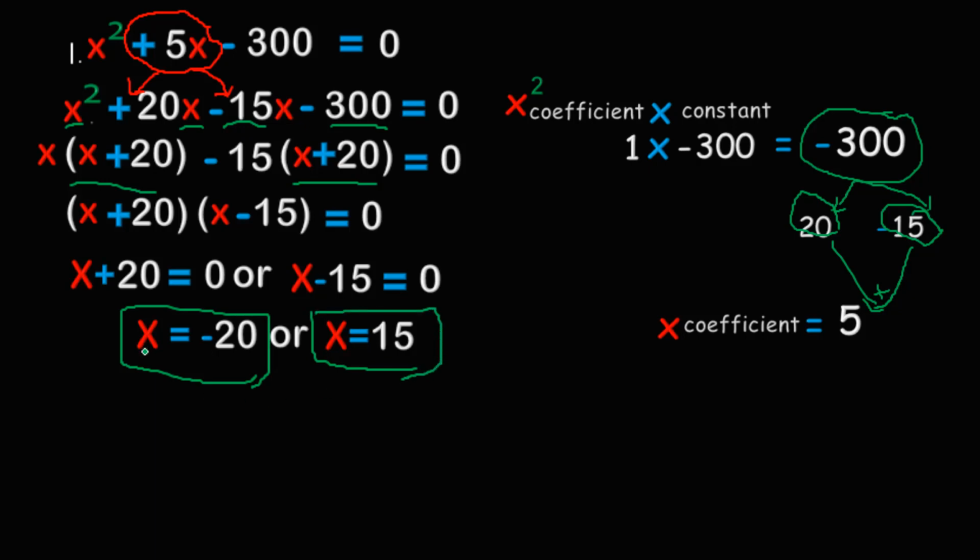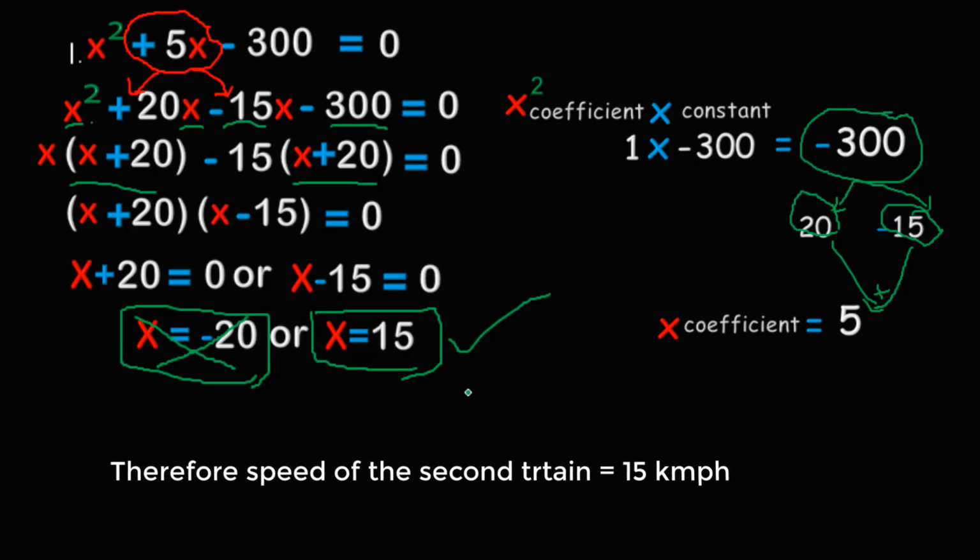But here, what is x? We assumed it as the speed of the train, and we know that the speed of any object cannot be a negative value. So here we cannot consider the x value as -20. We can take the x value as 15. So the speed of the second train is 15 km per hour.